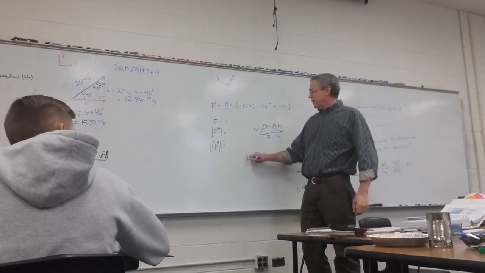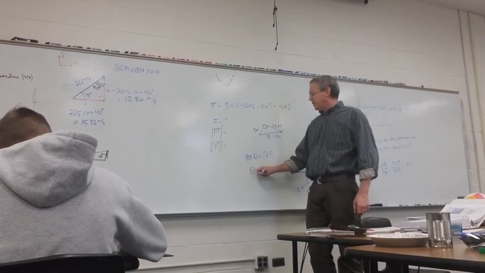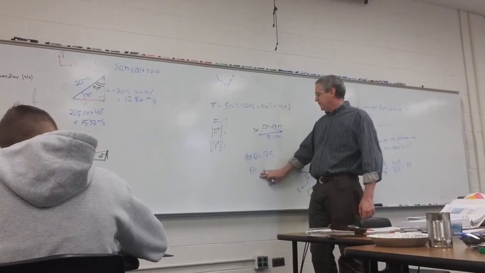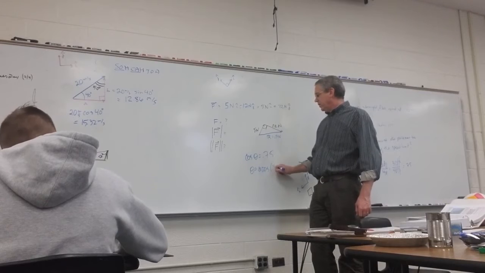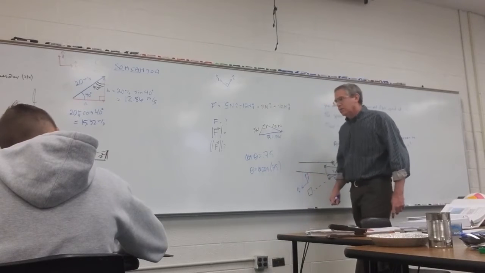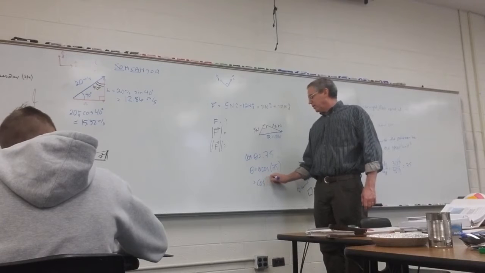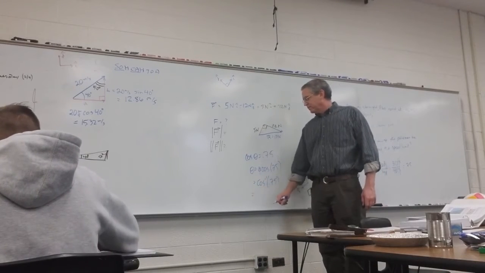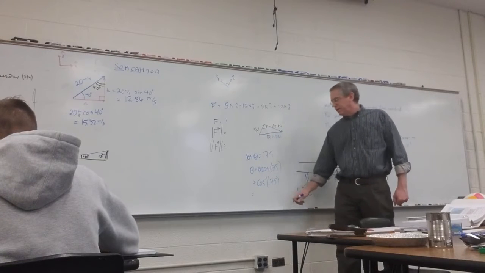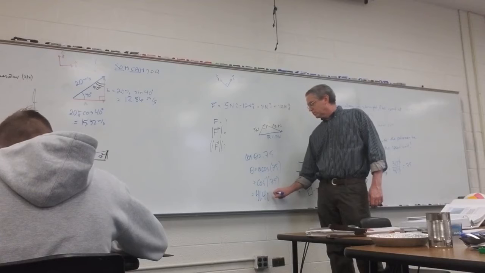So I have the cosine of theta is equal to 0.75, and therefore theta must be the arc cosine of 0.75, or on your calculators, cosine to the -1 of 0.75. 41.40, oh, sorry, 41.410.